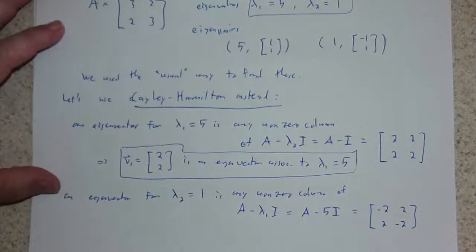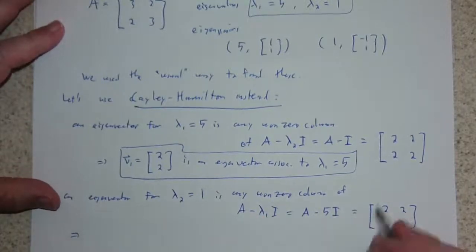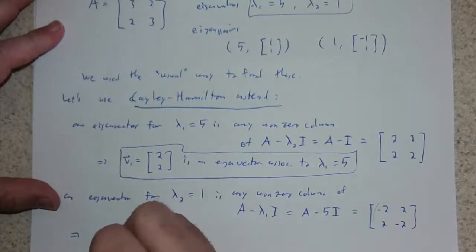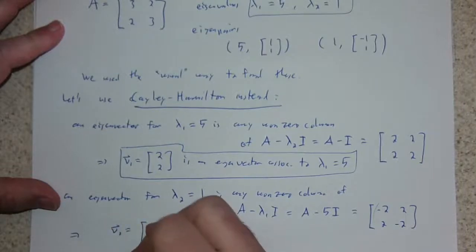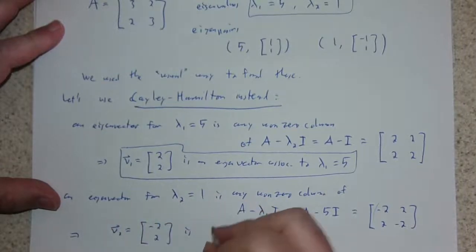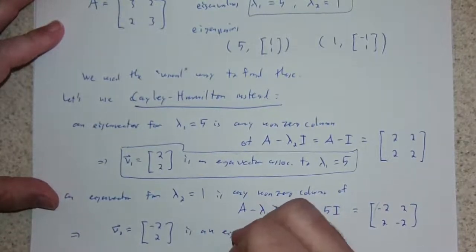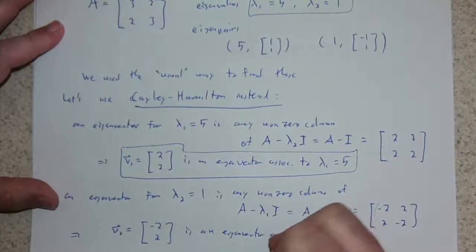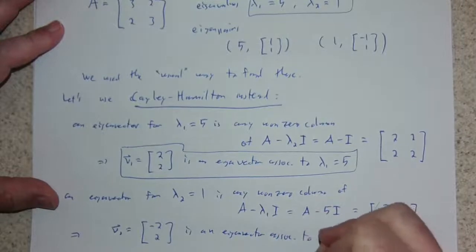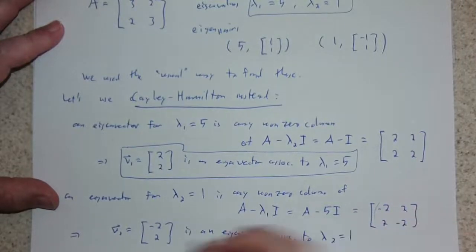And so this means that I can pick the first column there. So v2 equals (minus 2, 2) is an eigenvector associated to lambda 2 equals 1.